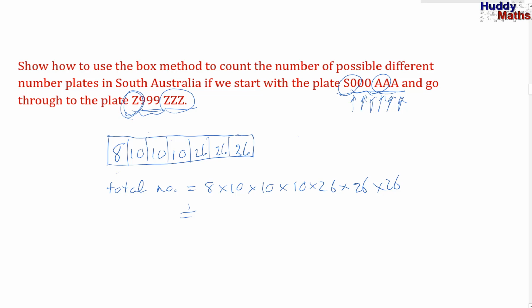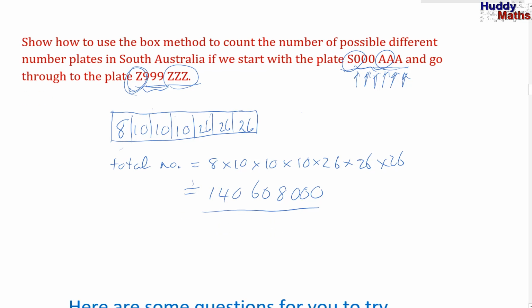Our answer here is this one, sorry. 140608000. Gives you an idea of how many cars you could register using that system before you might have to change the system. You might know that various places around the world have to change their system from time to time to accommodate the number of vehicles. But that's the answer there. Sorry I gave you the wrong answer before, because that's an answer to that cross lotto problem.